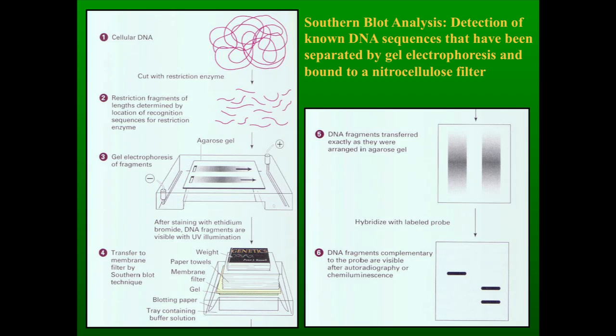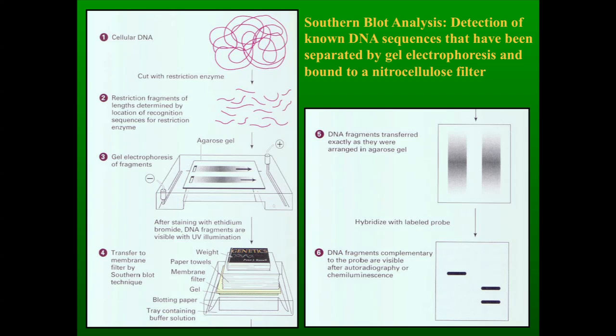This might not look very sophisticated, but this is exactly what we do in the lab these days, as it was first described by Southern in 1975. And then we use a sophisticated weight, perhaps a textbook or a brick or something like that. And what happens here is that the liquid that is drawn up by this blot paper is transmitted through the gel, and the DNA is adsorbed onto that nitrocellulose filter where it sticks.